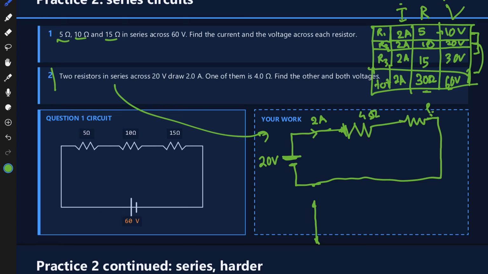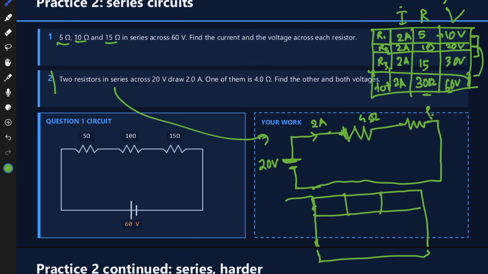So we have resistance 1, resistance 2, and then we have our total here, right? Okay, this is current, this is resistance, this is voltage.